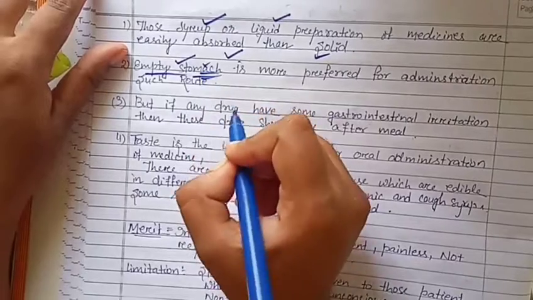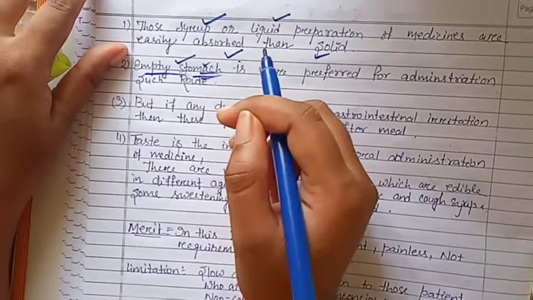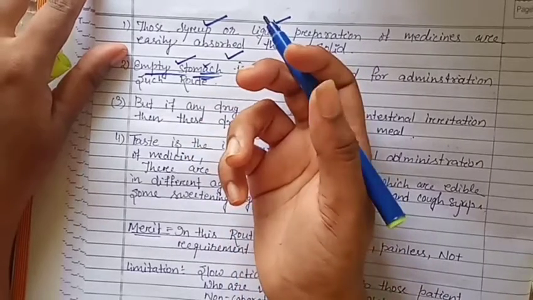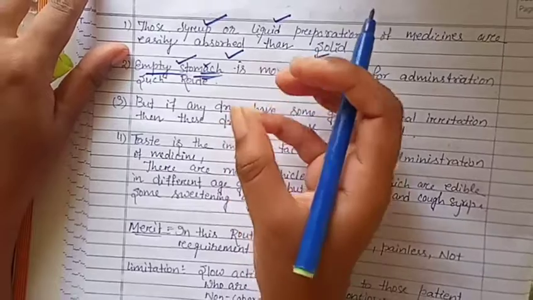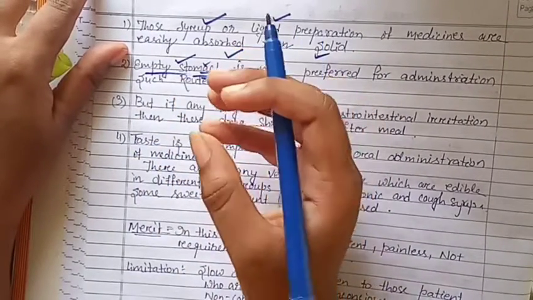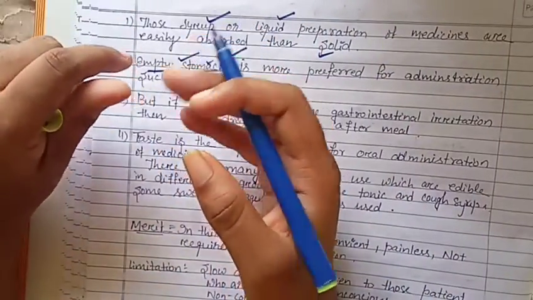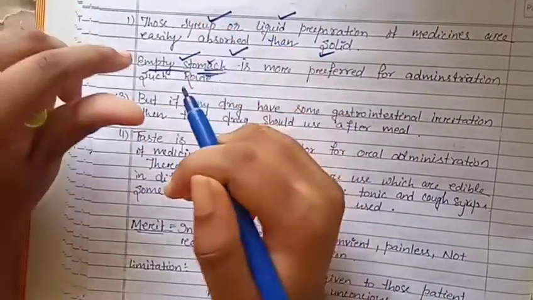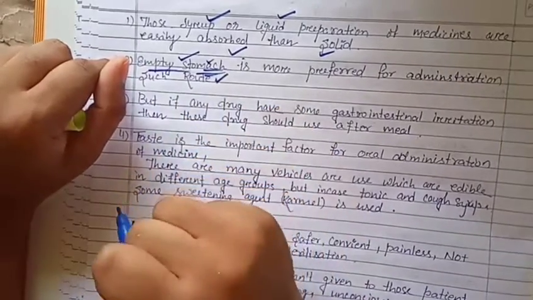Because if the medicine is taken on a full stomach, after a meal, the medicinal power and the food he or she has taken will be mixed up, so the medicine does not act properly. That is why we take the medicine on an empty stomach.